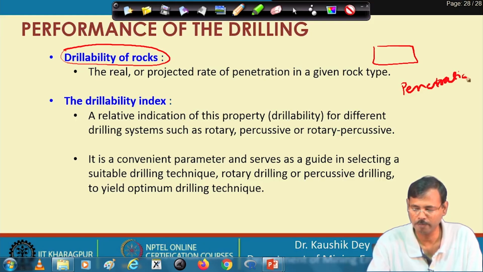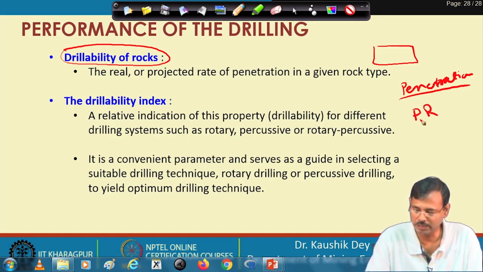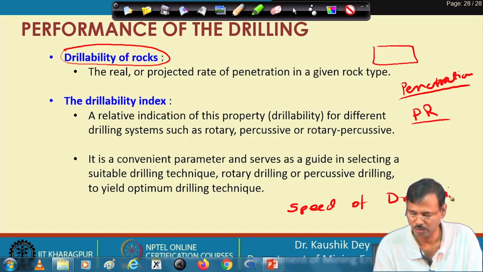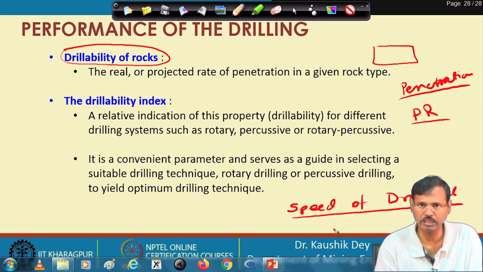Penetration rate is basically the speed of the drill bit at which it advances in the hole.